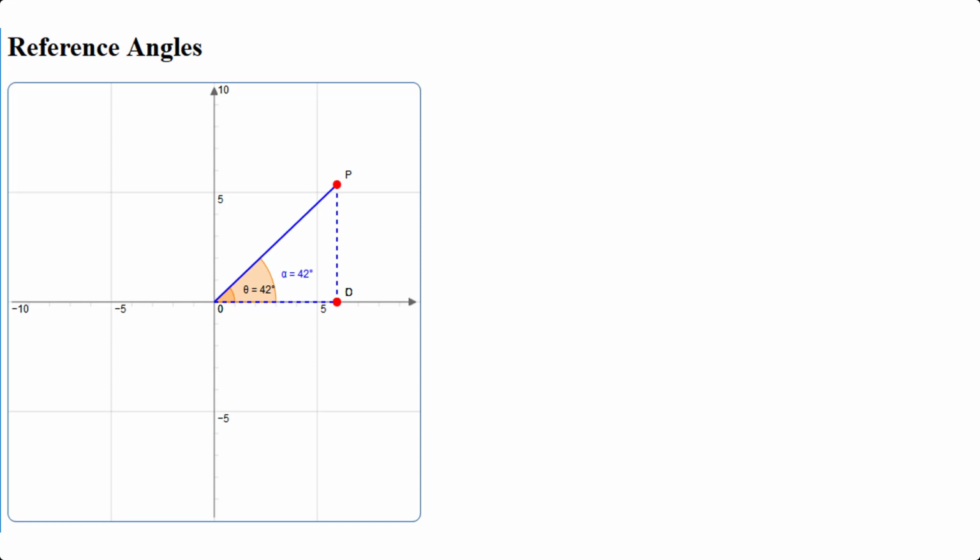So in quadrant 1, the reference angle is always equal to the actual angle itself. When we get into quadrant 2, however, things change. So the reference angle is now 180 degrees minus whatever theta is, and that leftover is your reference angle. Notice how the program always drops a vertical line from the point P down to the x-axis.